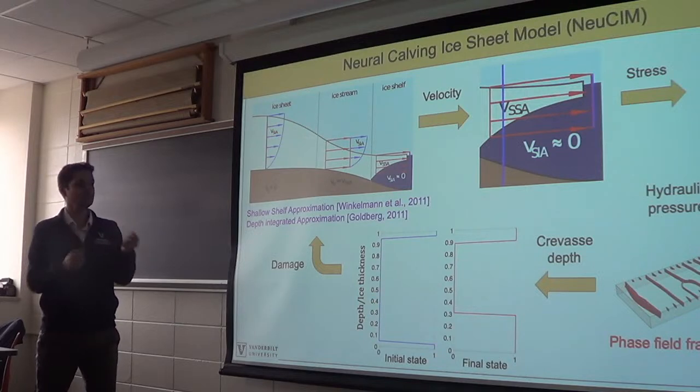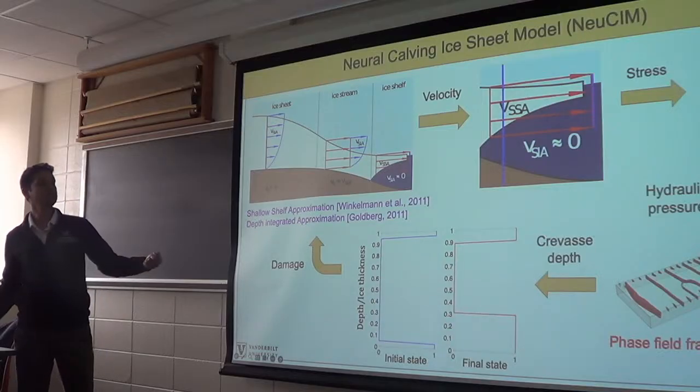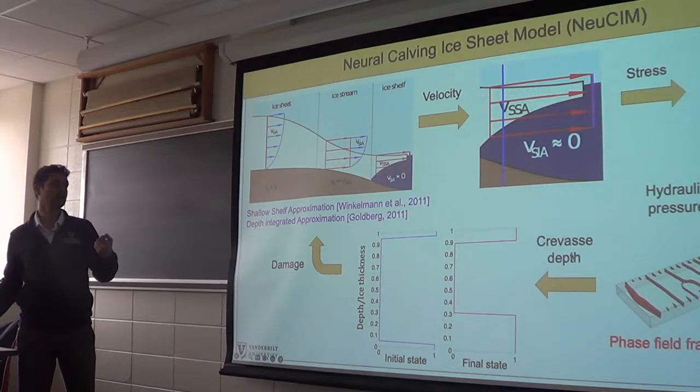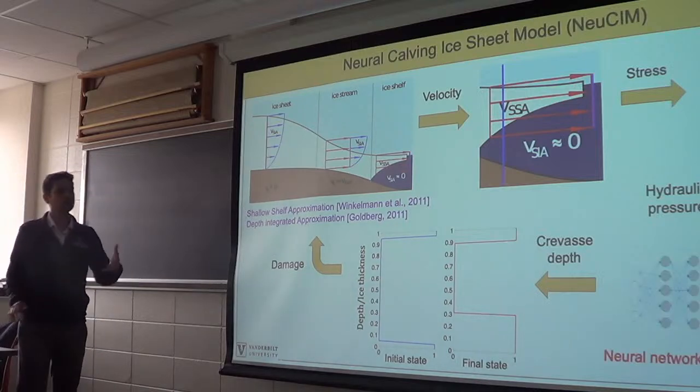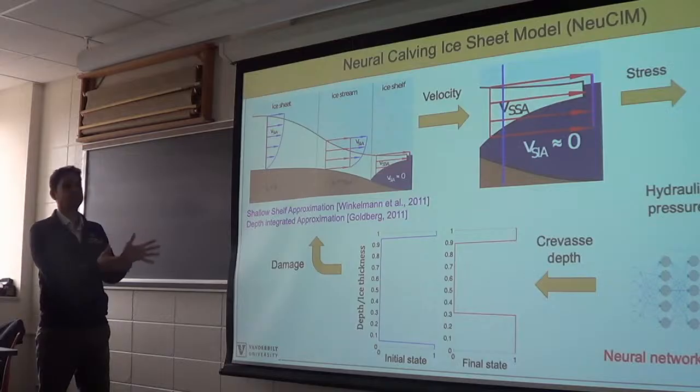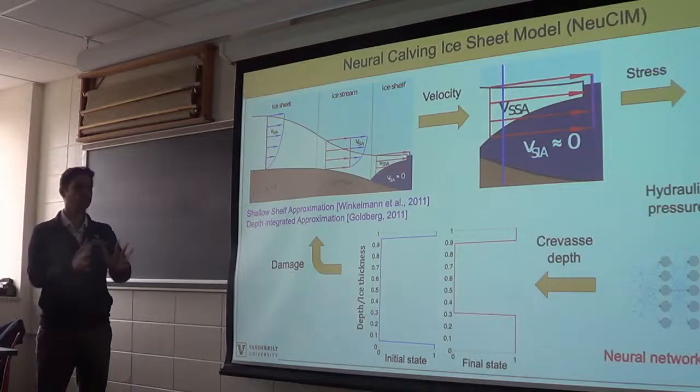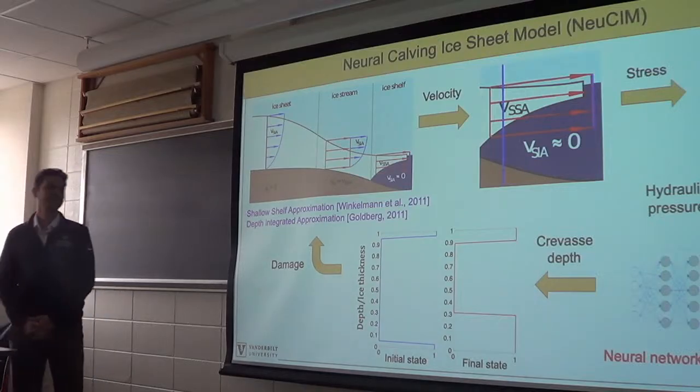We're extracting just one thing, which is some kind of viscosity contribution that goes back into the shallow shelf model, right? So either the crevasse depth would be one way of extracting that information, or we can get an apparent viscosity for that domain with fractures and put it back into the large scale model and keep running this. And with a neural network model, maybe this could be made to be minutes or less, right? So that's the aim that we're going for, but we don't know if we'll get there in the next 2 years. Great.